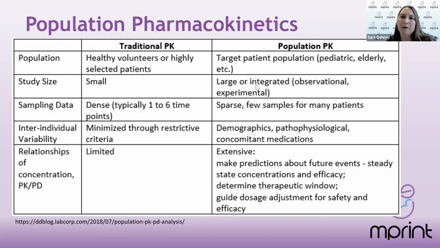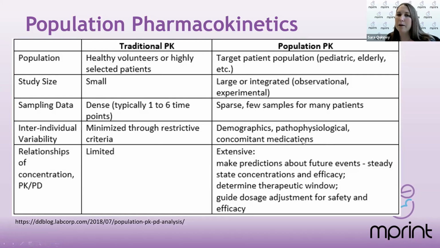Whereas in population pharmacokinetics, these are typically larger studies with fewer samples per patient. Now, part of this is because the fewer samples you have per patient, the more subjects you're going to need to actually fit your population pharmacokinetic profile.